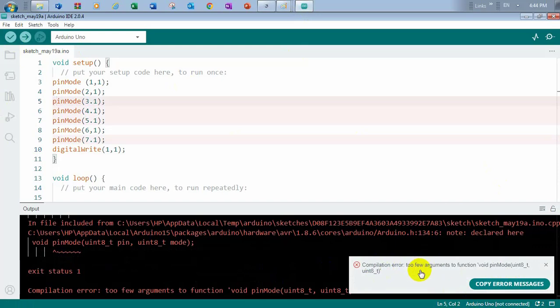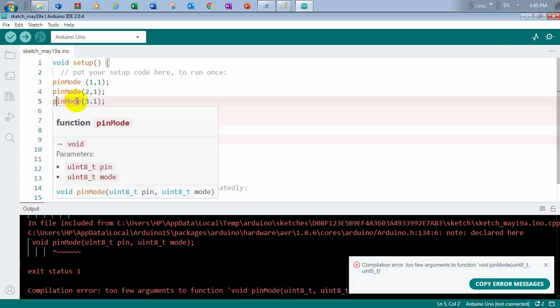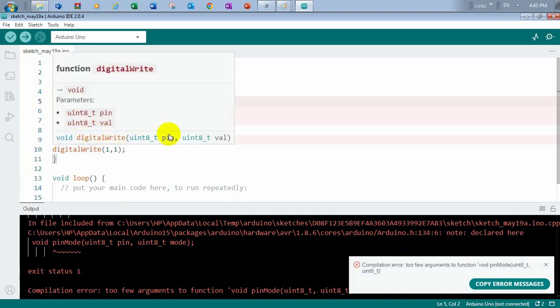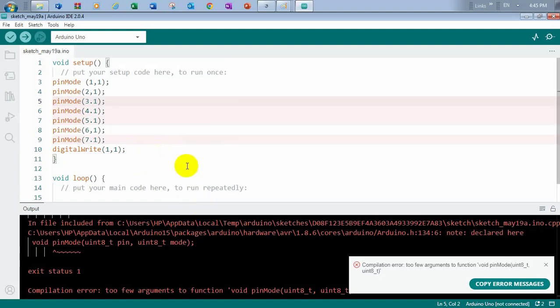Compilation error: too few arguments to function pinMode. We have pinMode for pin 8.